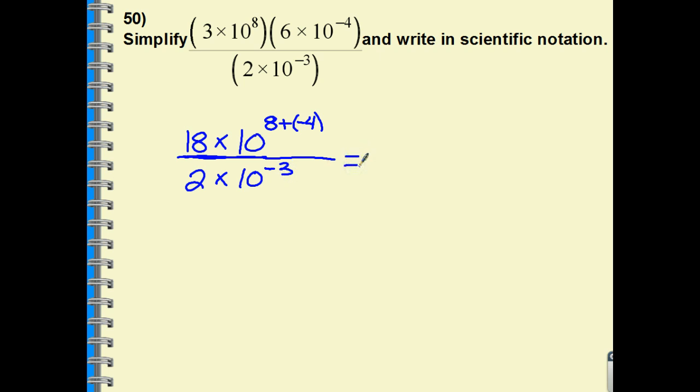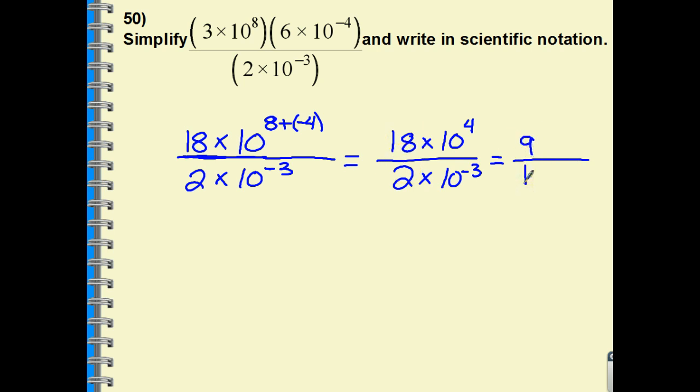All right, moving on to the next step. Let's simplify a little bit of this. We have 18 times 10 to the, well, 8 plus negative 4 is 4, all over 2 times 10 to the negative third. All right, take it a step further. 18 divided by 2 would be 9 over 1. We can simplify that. 10 to the fourth power over 10 to the negative third power.